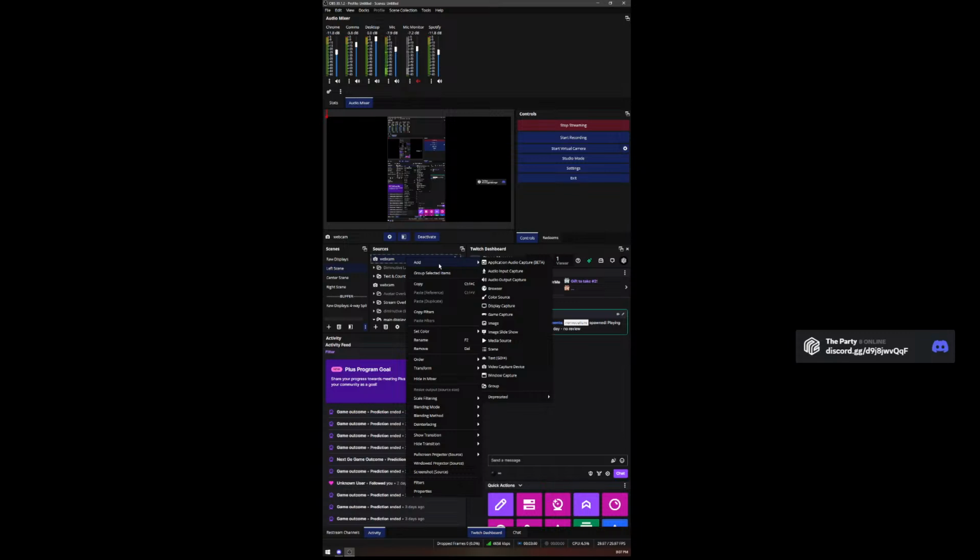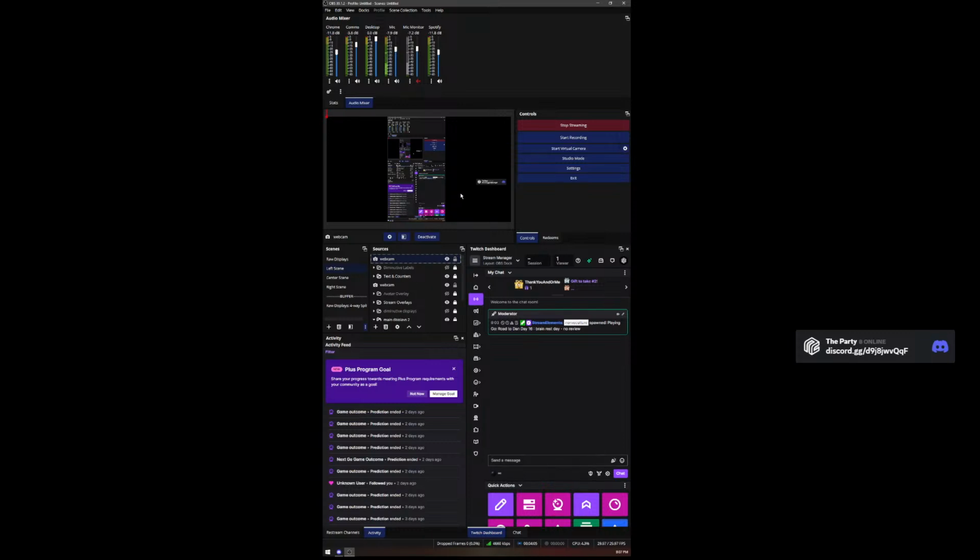Add. Fuck. How do we move it? Properties. Filters. Transform. Center to screen. Why is it all the way up here?